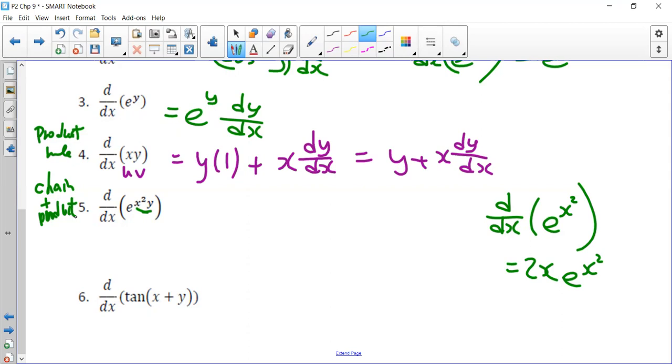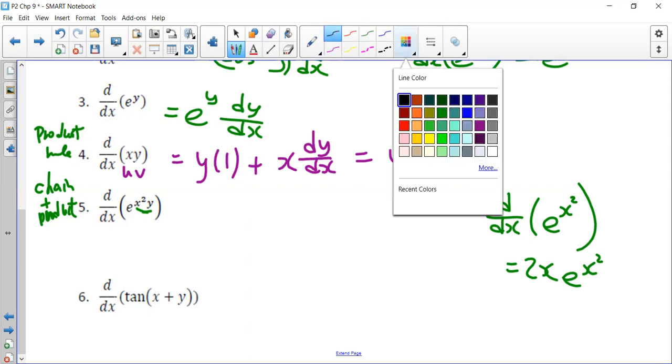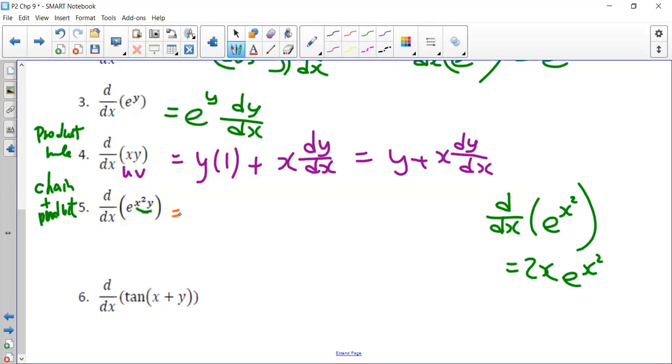So we need to differentiate the power first. Let me choose a different color. Essentially, we're differentiating the power, times e to the power of x squared y.